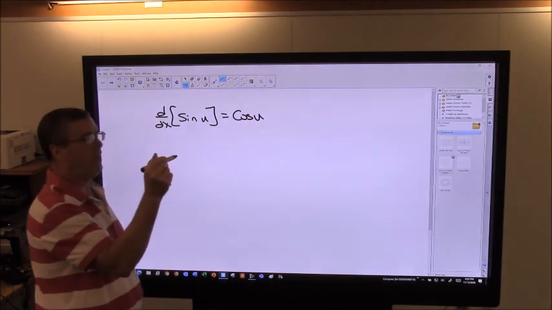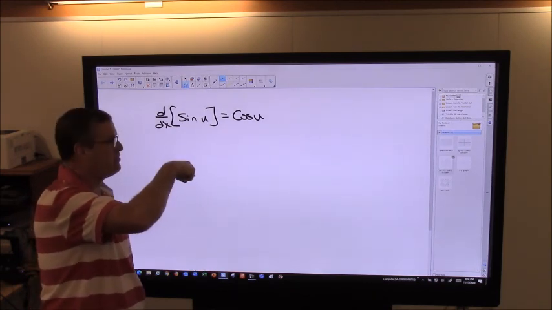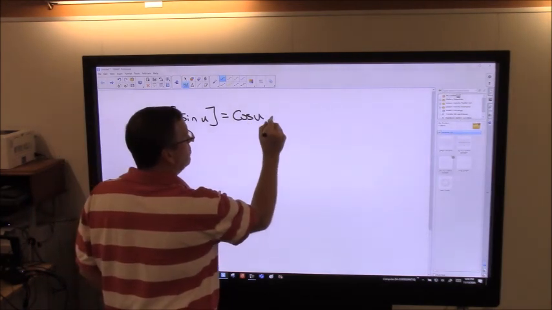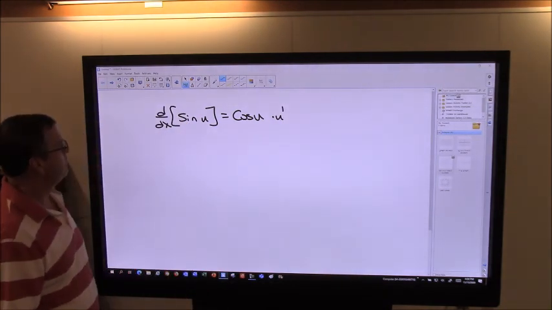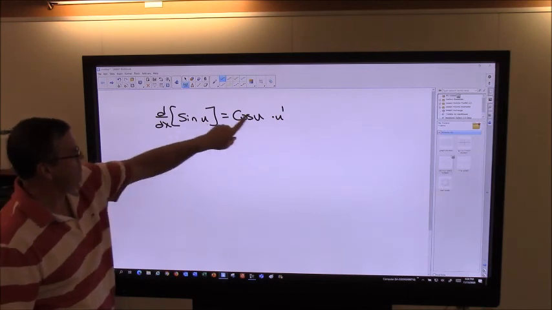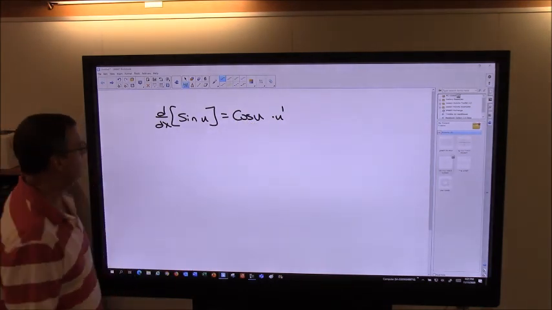That part hasn't changed, but with the chain rule, we always had to go back and take the derivative of what's inside. Now we've got to take the derivative of that angle. So the cosine, whatever this angle is, stays the same, but then times the derivative of the angle.